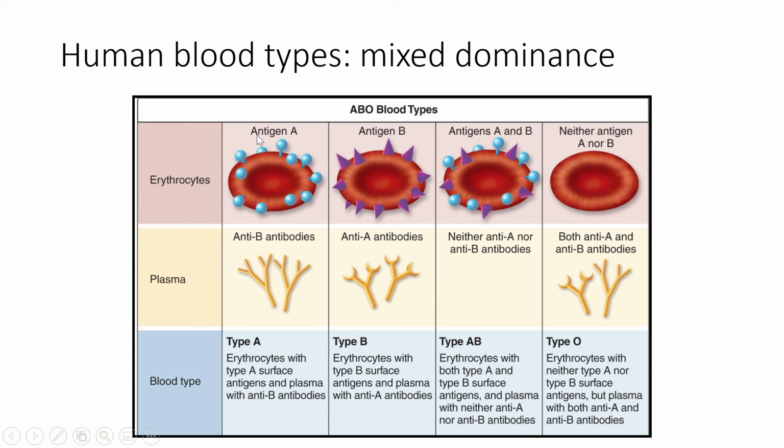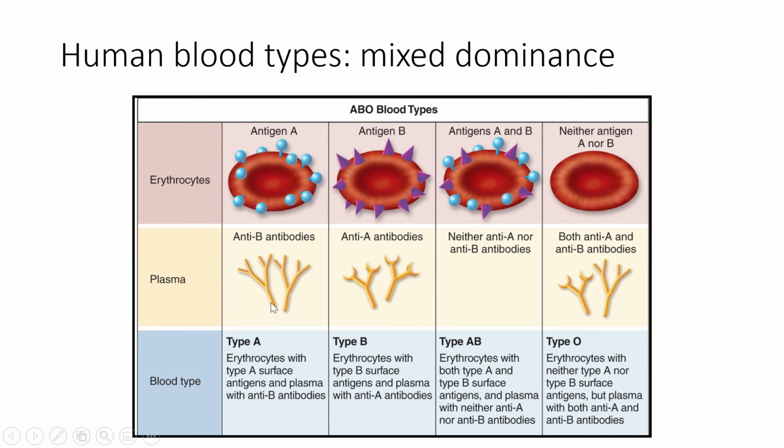An antigen is something that your immune system responds to. Why would your own cells have something that your immune system responds to? Well, your immune system doesn't respond to the antigens on your red blood cells. There are two different kinds of antigens, and we call them A and B. In addition, your blood has lots of antibodies in it, and antibodies are proteins with a really specific shape.